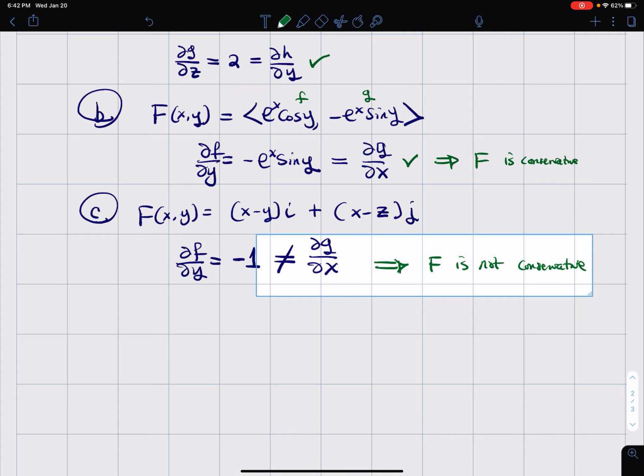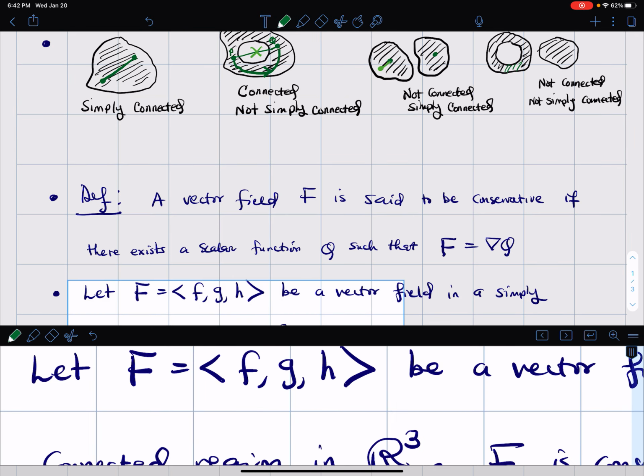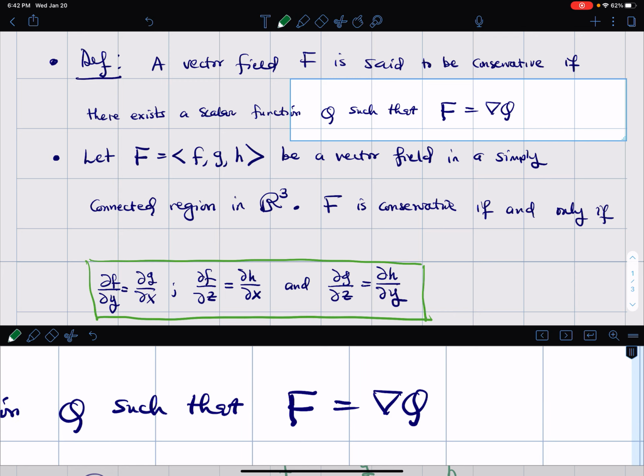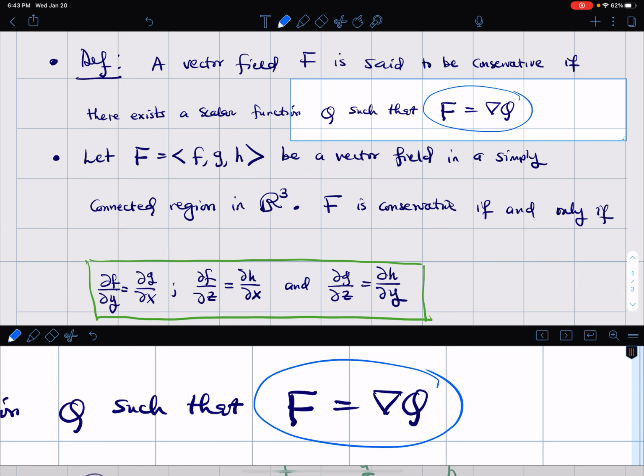Now, let's go back to the definition of what it means to be conservative. The definition means that f is conservative if there is a function, phi, such that the gradient of phi is equal to f. Okay?